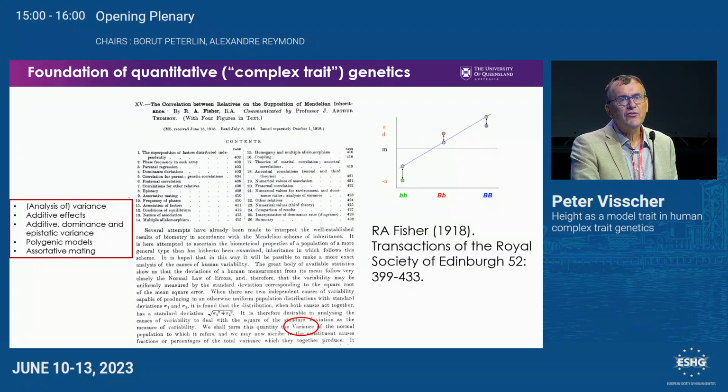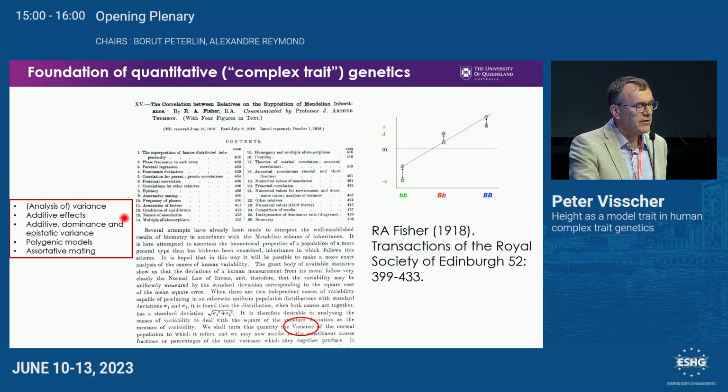And it basically showed that if you suppose multiple genetic variants, each behaving in a Mendelian fashion, and then you have environmental variation on top of that, it could reconcile the correlations between relatives that Galton and Pearson observed under Mendelian inheritance. This paper has got an awful lot in it.